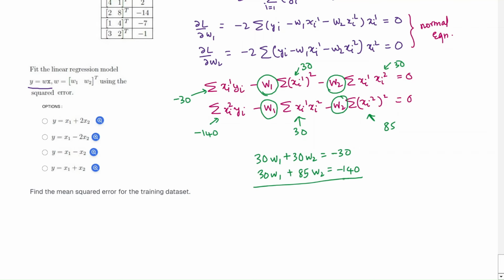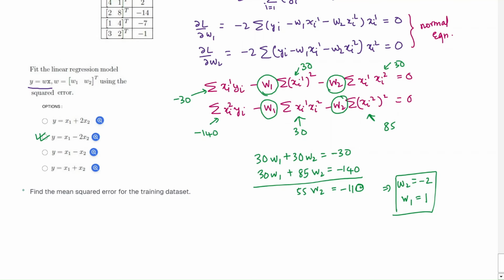Now if I subtract the first one from the second one, I'll get 55W2 equals minus 110. This turns out W2 equal to minus 2 and W1 will be equal to 1. And this corresponds to the second option. So second option is the correct answer.